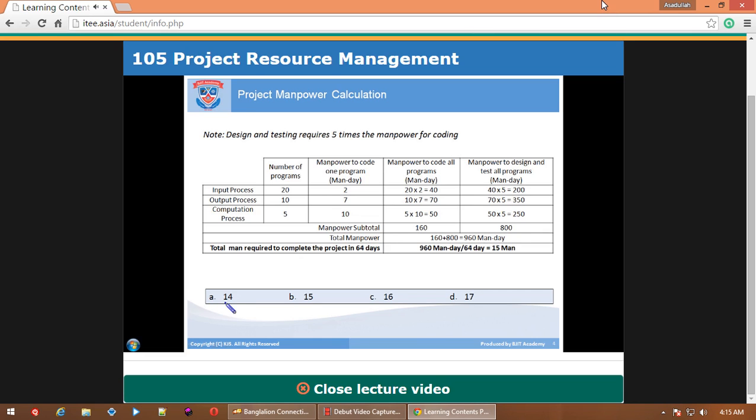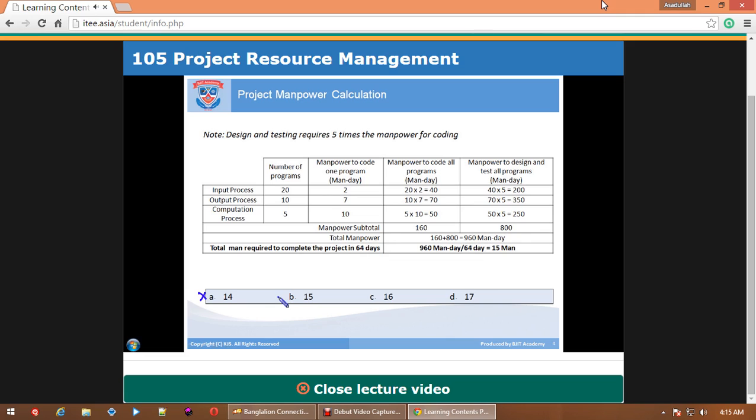Option A says 14 men. It is not possible, so this is not the correct answer. Option B says 15, and we find that at least 15 men are needed to complete this task in 64 days.